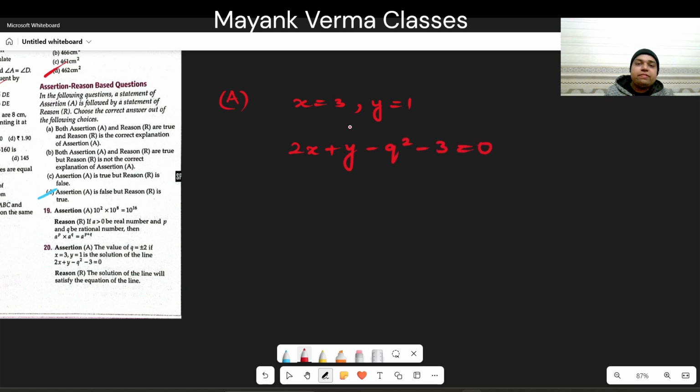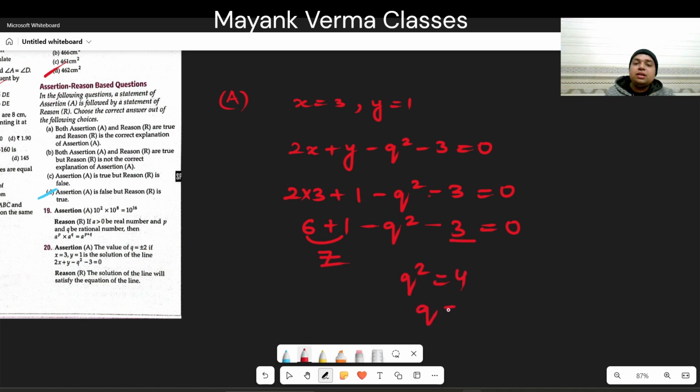So let's put the value of x and y. 2 times 3 plus 1 minus q square minus 3 equals 0. So 6 plus 1, 7. 7 minus 3 will be 4. So q square equals 4. So q will be plus minus 2. So that means my assertion is correct.